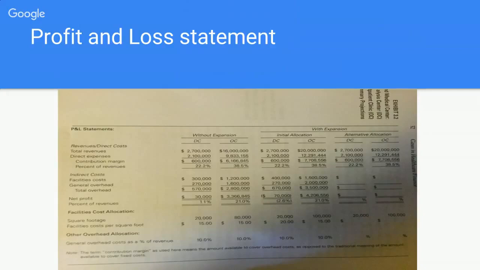From that, they would be at a loss of 2.6%, and even after that, they would be paying $20 per square foot in comparison to before, which was 15, while the outpatient clinic is still paying 15. So with that, with reallocation, both departments would be making a profit and not be at a net loss.